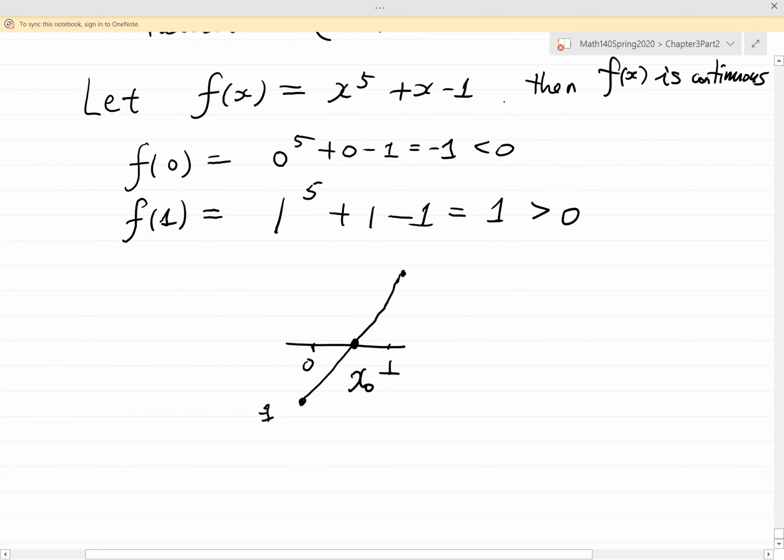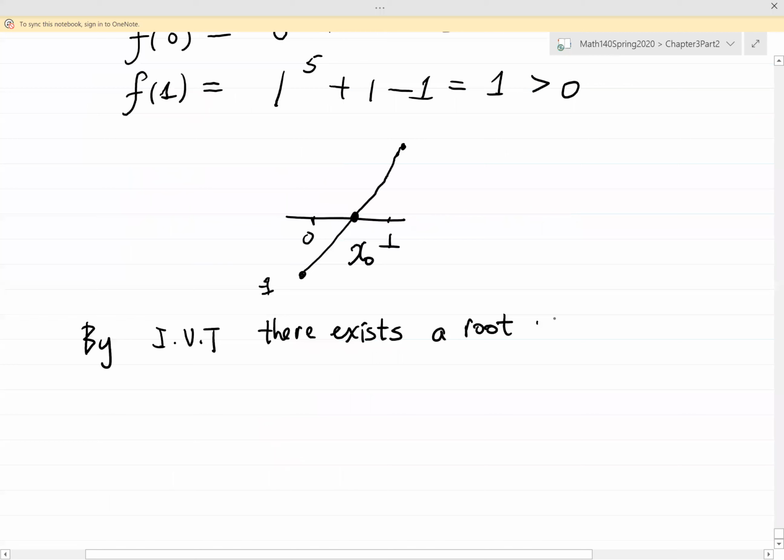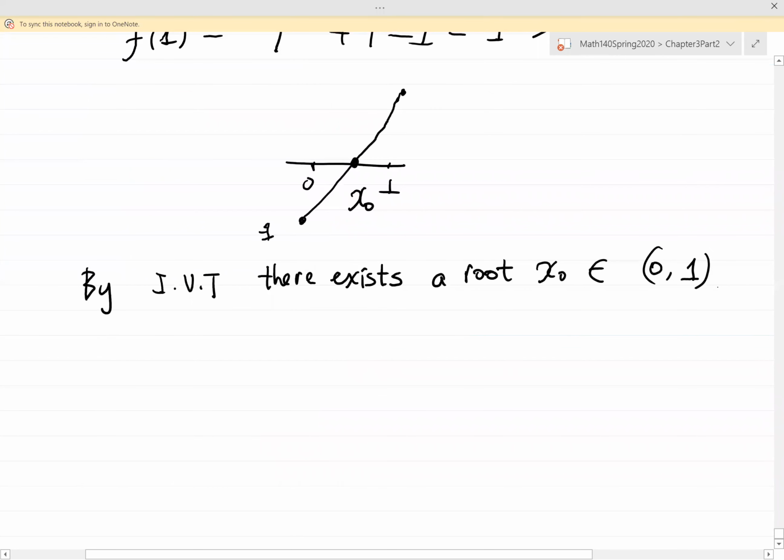So by continuity, or the intermediate value theorem, we know there exists a root x0 in the open interval from 0 to 1. Now we compute x0 numerically.